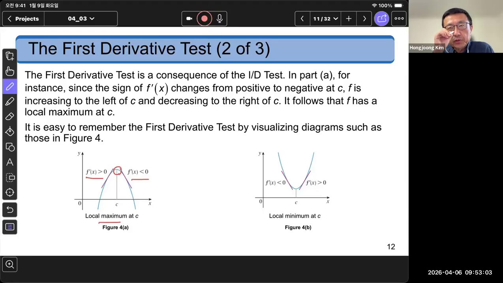And if your function was decreasing up to C, and then becomes increasing to the right, you get a local minimum at C. So by just looking at the sign of f prime, we could find local maximum or local minimum.